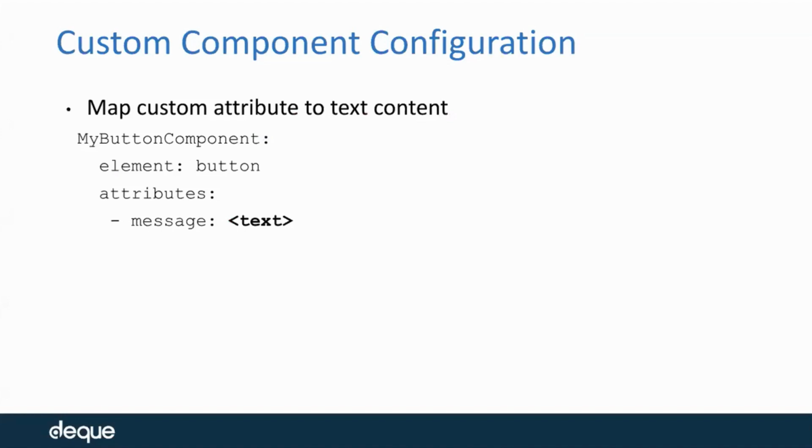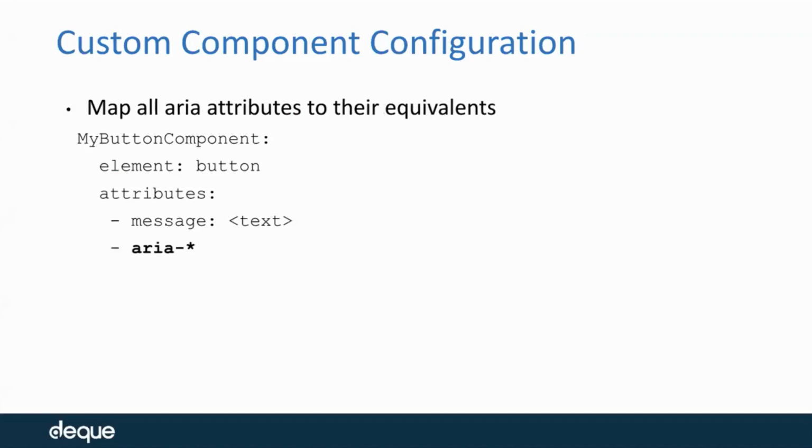What that tells the linter is that attribute is going to end up being the text content for that element, and then the linter can use all of its normal rules to interpret that in the appropriate ways. So that's a very valuable way of mapping things that are in an attribute value that end up in the text content.